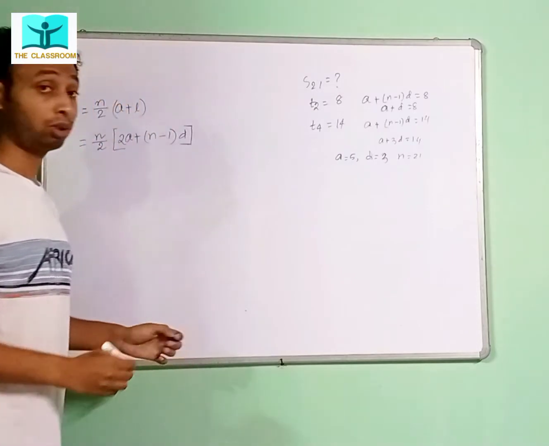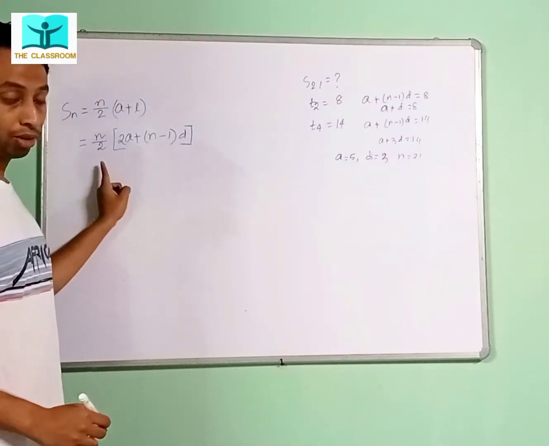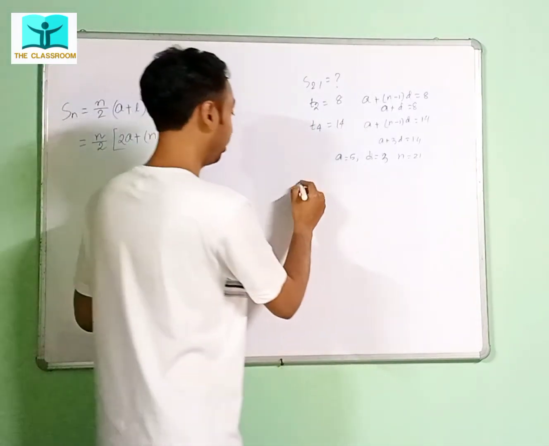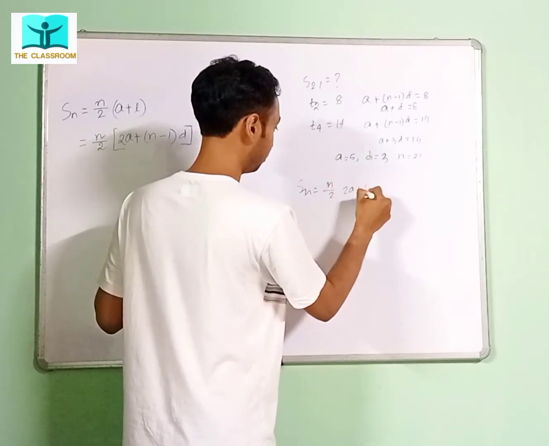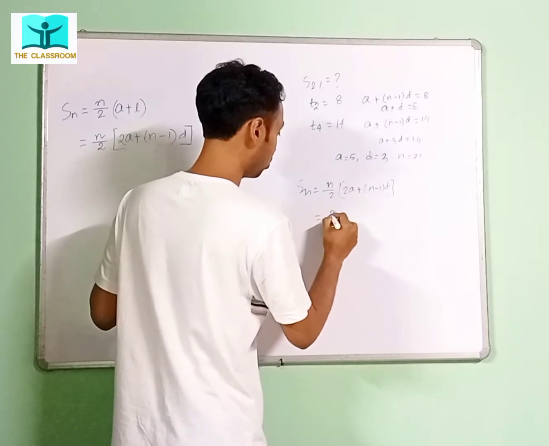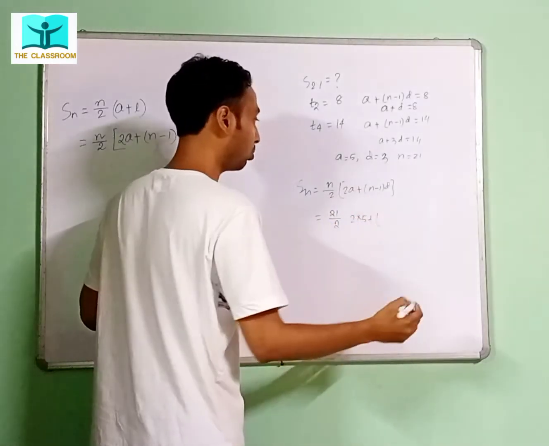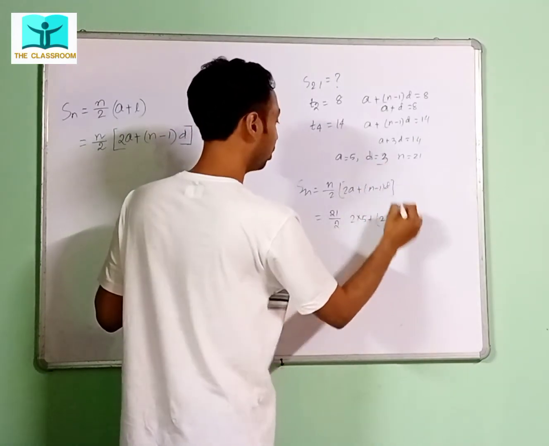I have to find the value of S21 using the formula Sn equals n by 2 into (2a plus (n minus 1) into d). If we put the values in the formula, S21 equals 21 by 2 into (2 into 5 plus (21 minus 1) into d), and d is 3.